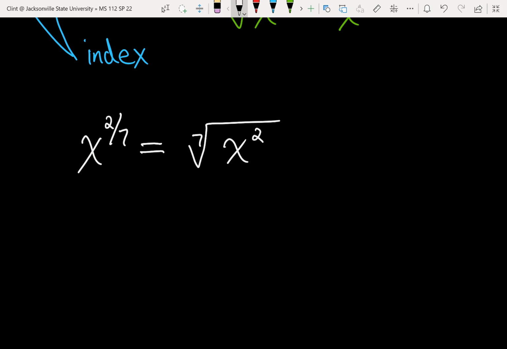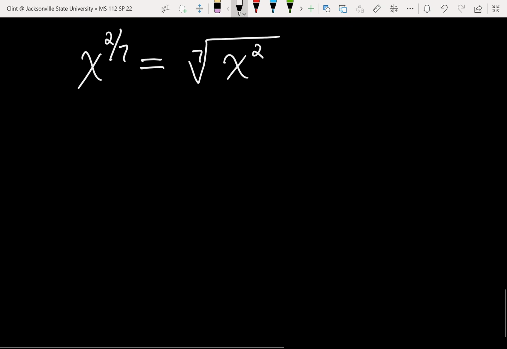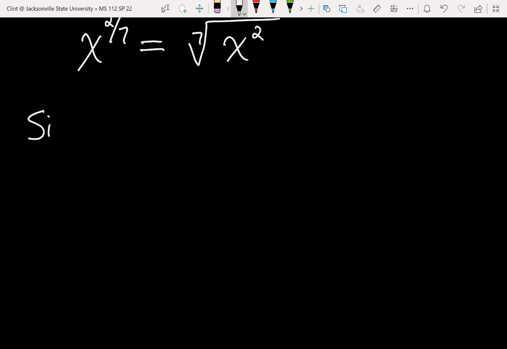And one last thing. We want to be able to simplify radicals.